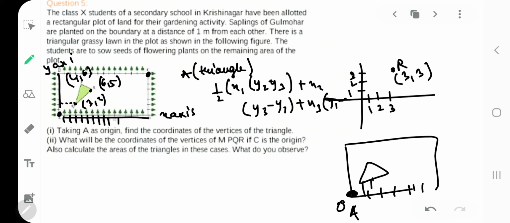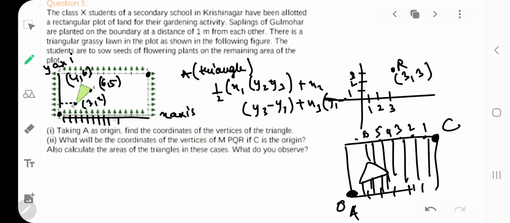So you calculated all the points as per your origin A. But now you have to consider C as the origin and you have to calculate all the points in coordination with C. So that is 1, 2, 3, 4, 5, 6 like this. And here also 1, 2, 3, 4. So you have to take C as the origin. You have to just turn over your book and see what coordinates you are getting for this green triangle.